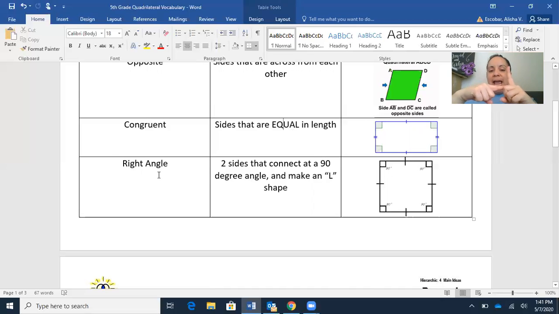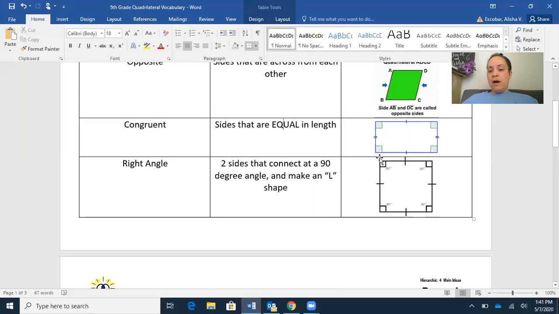All right, last vocabulary word, right angle. A right angle is when two sides connect to each other at a 90-degree angle. If you don't know what a 90-degree angle is, I'm showing you in my picture. It makes an L shape when two lines reach each other.